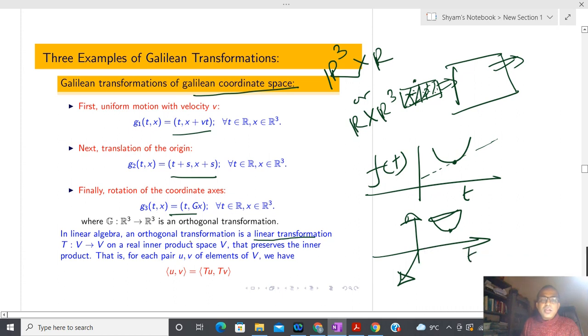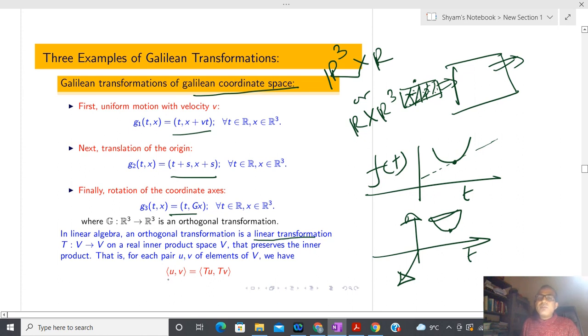Here I am going to talk about orthogonal transformation, which is a very special class of linear transformation. If you apply it on a vector space, you remain in the vector space, and on a real inner product space V it preserves the inner product.